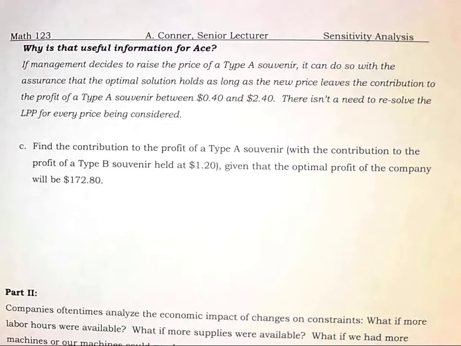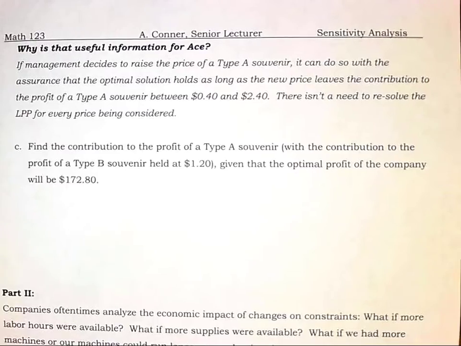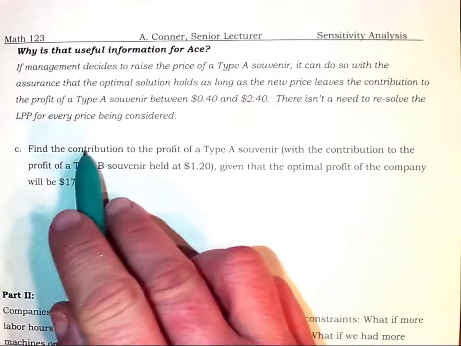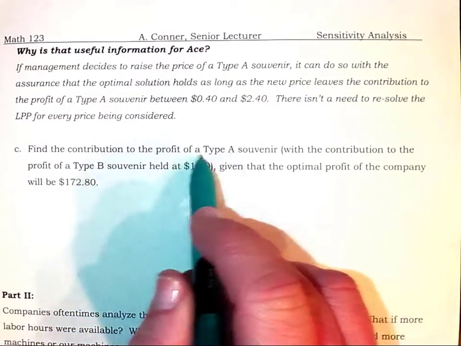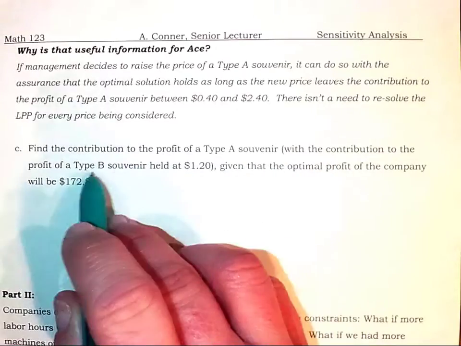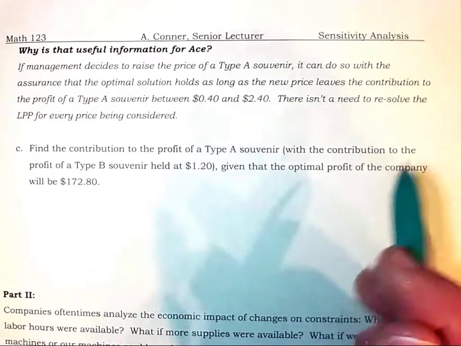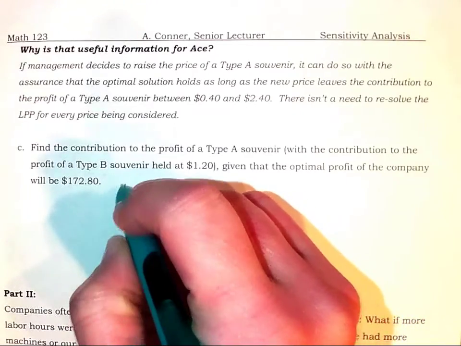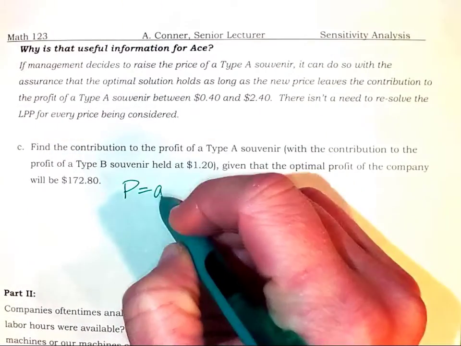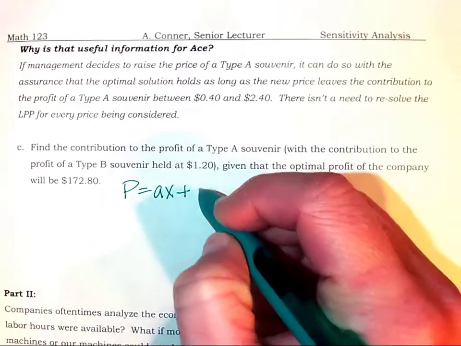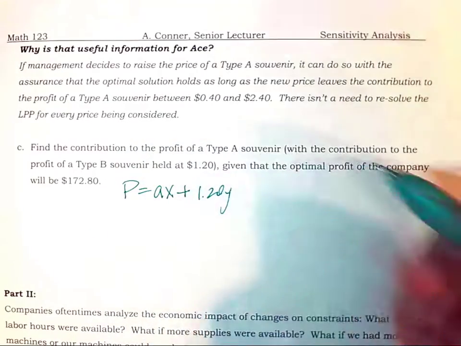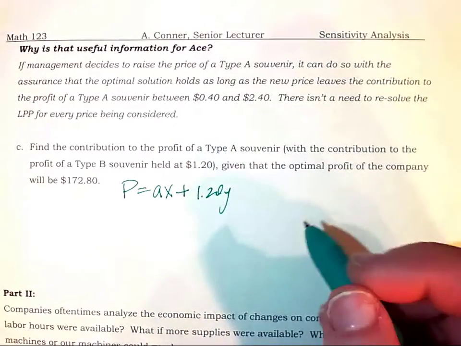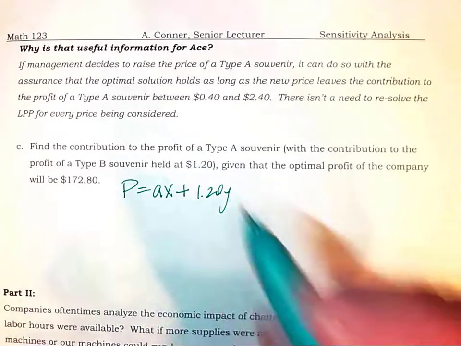So part C is a different type of question. Here we have the profit. We're trying to find the contribution to the profit of a type A, making the type B held at $1.20. And we're given that the optimal profit will be $172.80. So we're still thinking about this idea of AX plus the 1.20Y. We just got some different variables to play around with.